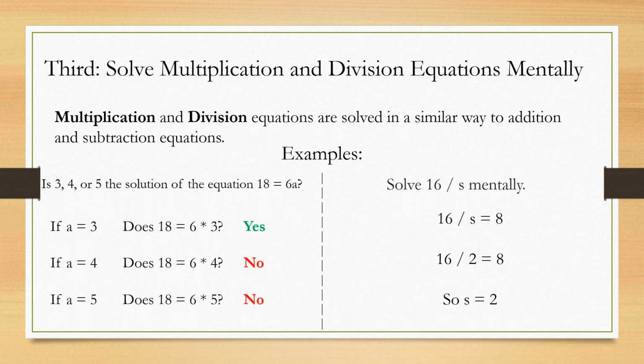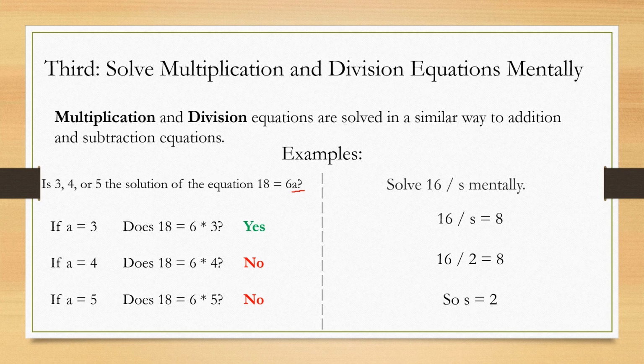The first example: 3, 4, or 5, the solution of the equation 18 equals 6a, or 6 times a? Let's test these values and replace the variable with them. Okay, the first value is 3, so we will replace a with 3.